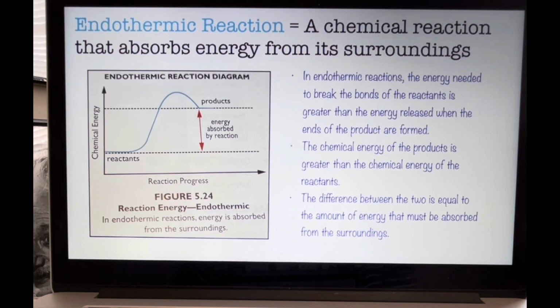So the specific definition for an endothermic reaction is a chemical reaction that absorbs energy from its surroundings. In endothermic reactions, the energy needed to break the bonds of the reactants is greater than the energy released when the bonds of the products are formed.